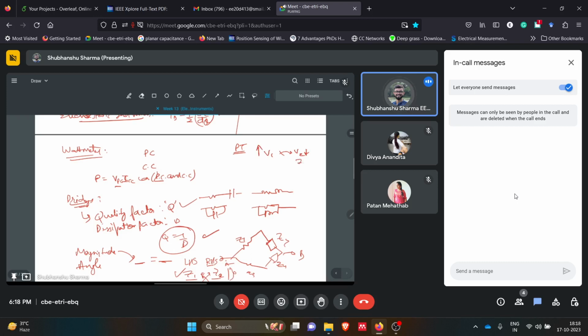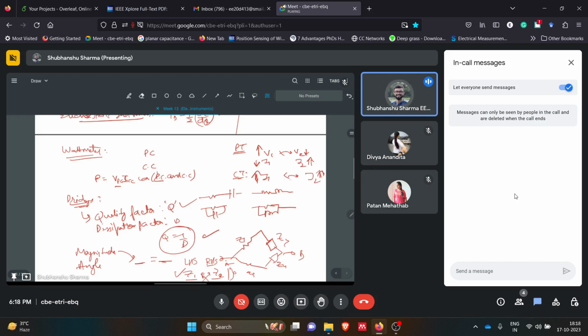That means I2 is higher, so I2 is high and I1 is less. And in a current transformer, it is the other way around. The I1, the primary side current, is high, and the secondary side current is low. Just keep this in mind.